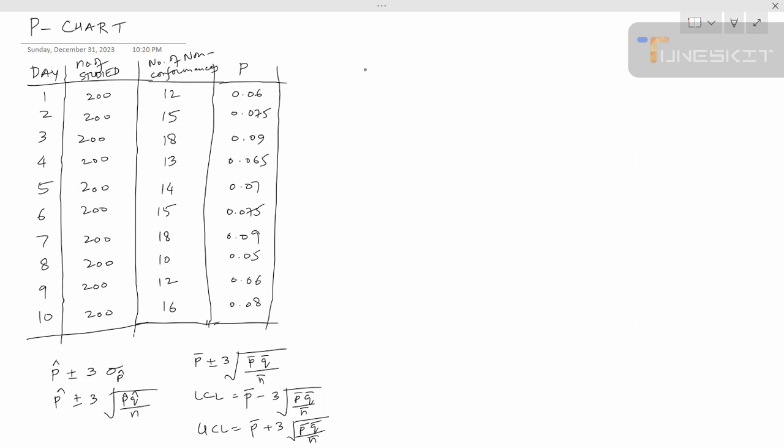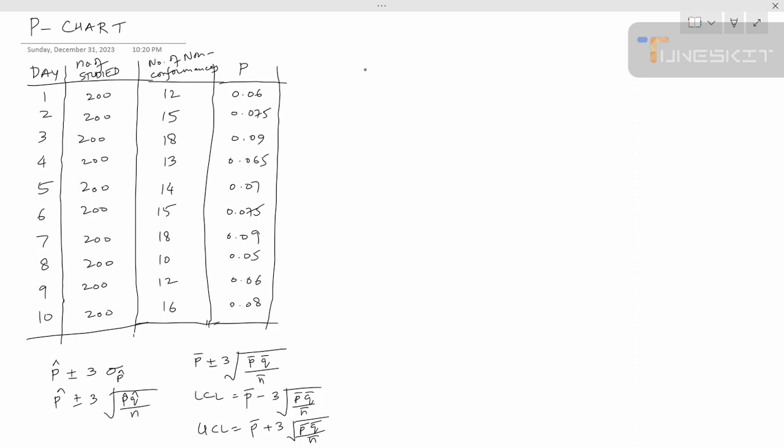We compute it simply by taking the sum of all the values of p: 0.06 plus 0.075 plus 0.09 plus 0.065 plus 0.07 plus 0.075 plus 0.09 plus 0.05 plus 0.06 plus 0.08.